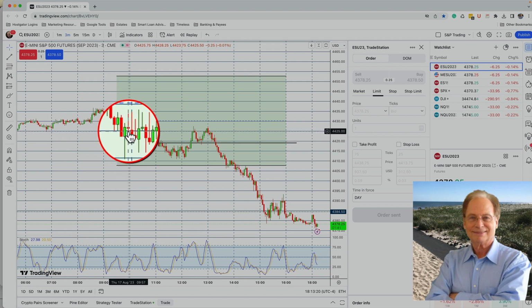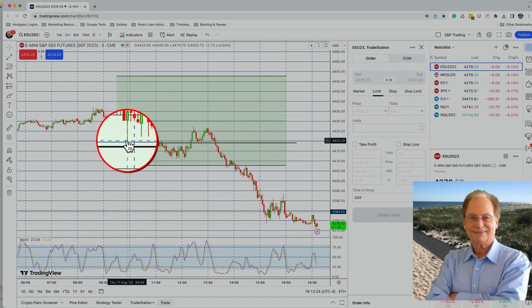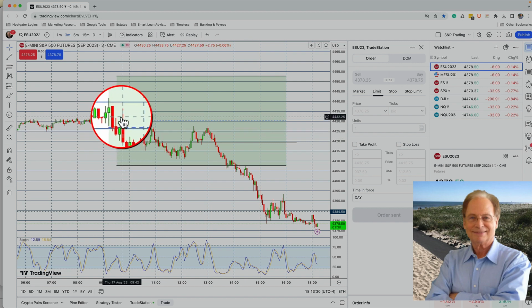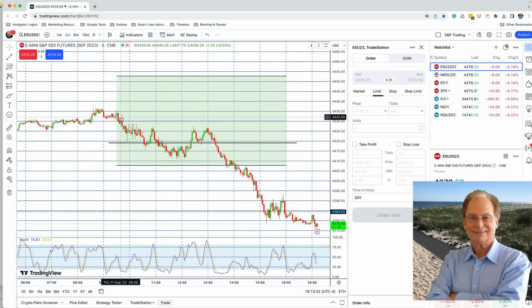Okay, for the most part. Of course, they filled later in the day, but we're talking about this candle at 9:54. So the gap trade succeeded at 9:54, and the entry was somewhere around here at 44.32. And so that was why to get on, and that explains the risk of just a few points.